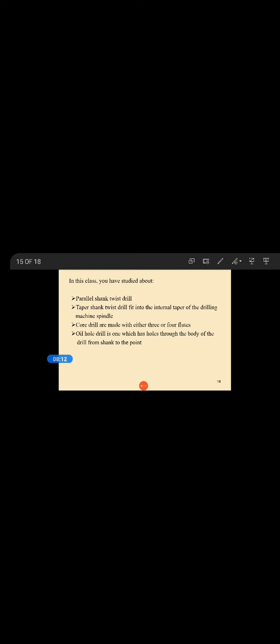So we have studied what is the parallel shank, what is the tapered shank, and what is a core drill. Core drill is made with either 3 or 4 flutes, and oil hole drill is one which has holes through the body of the drill from shank to the point.